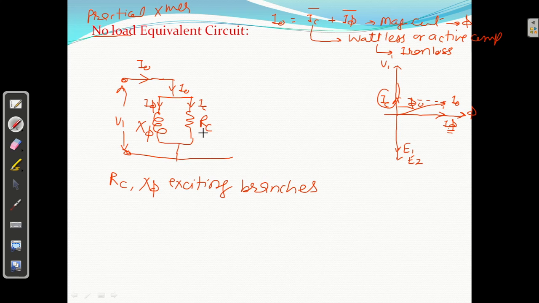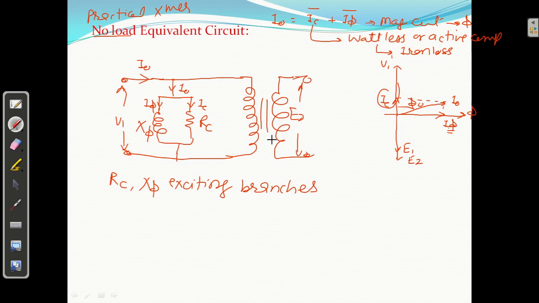On the primary side this is E1, on the secondary side this is E2, the internal voltage E2 inside. On the terminals you will get V2, and this is V1. So this is the no load equivalent circuit we have.